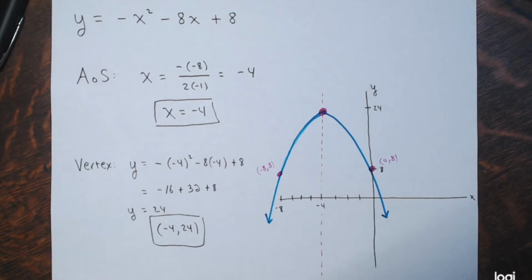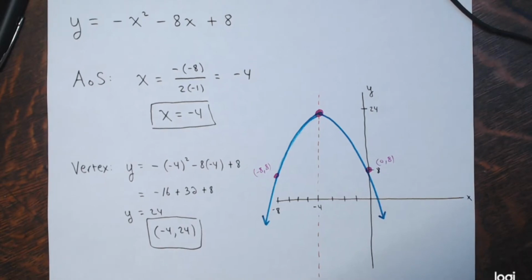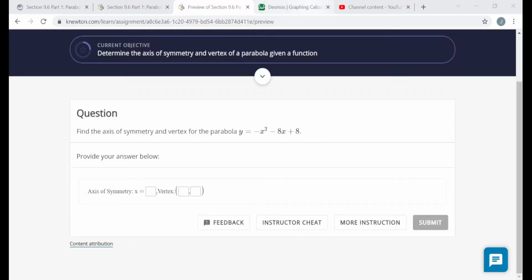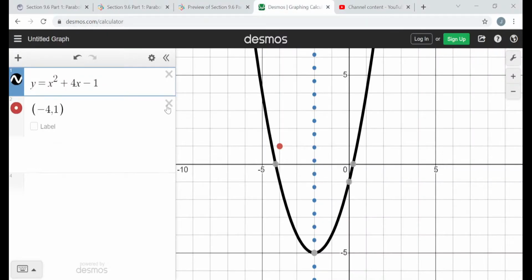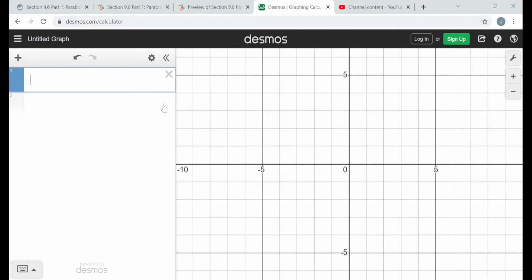All right, once again, let's take a look at the graph on the Desmos site. We have the function y equals negative x squared minus 8x plus 8.